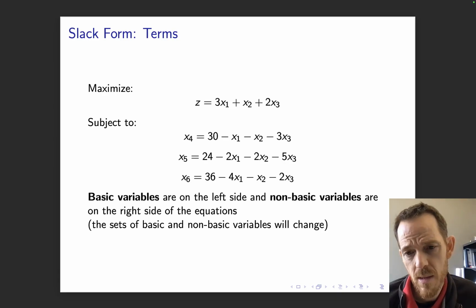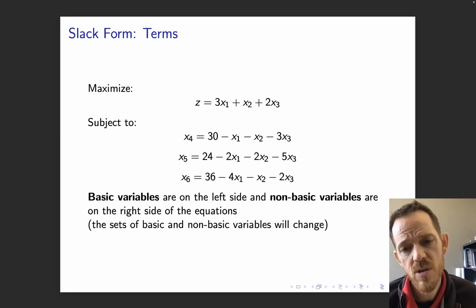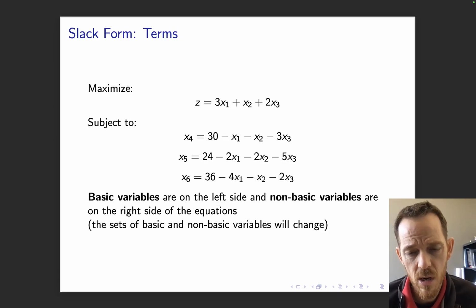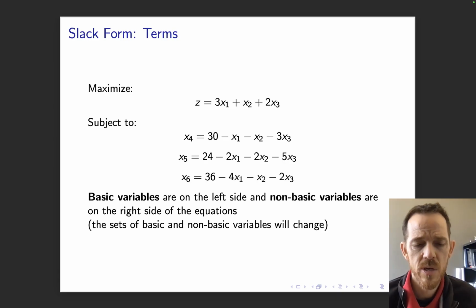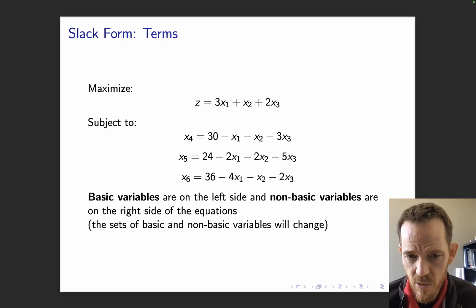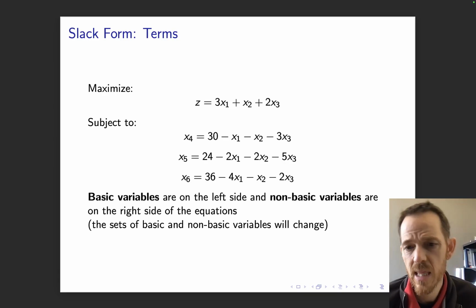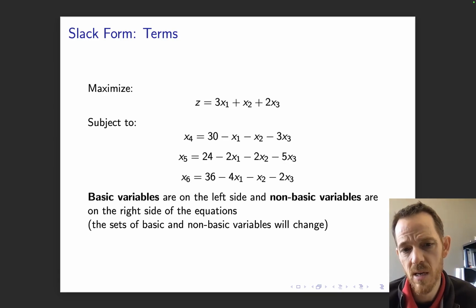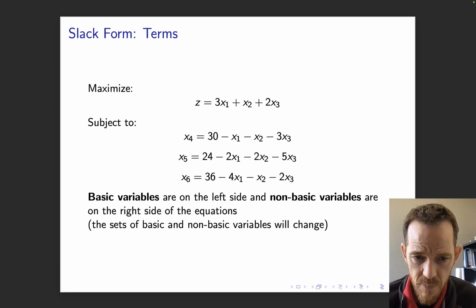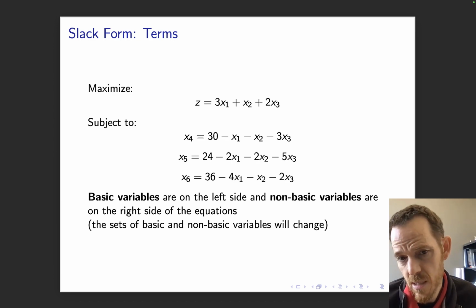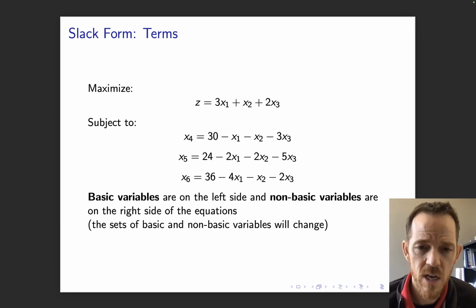So let's introduce some vocab so that we can talk about this very concretely. We say that the basic variables are on the left side of the equalities, and the non-basic variables are on the right side of the equations. But these will change each iteration through the simplex algorithm.